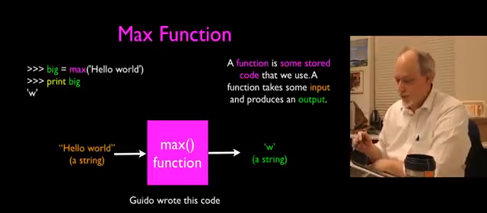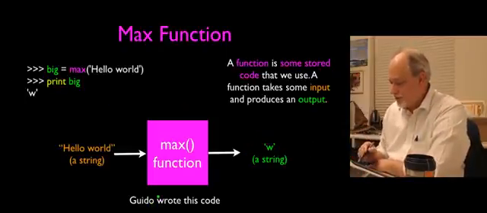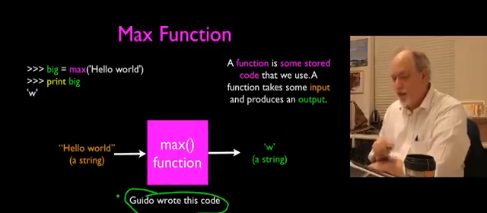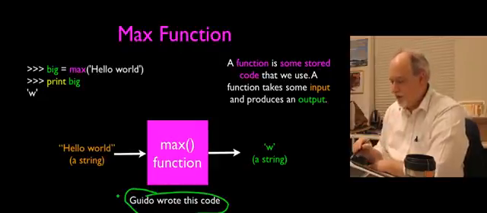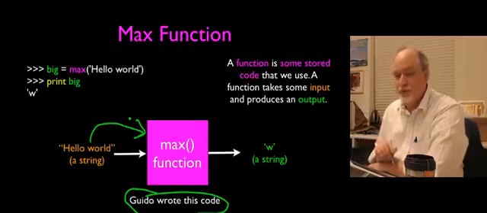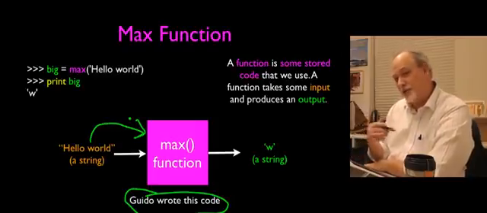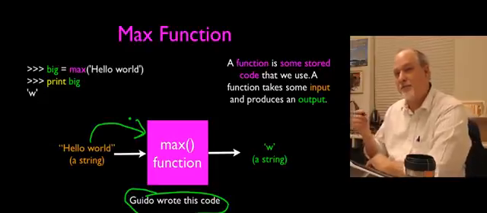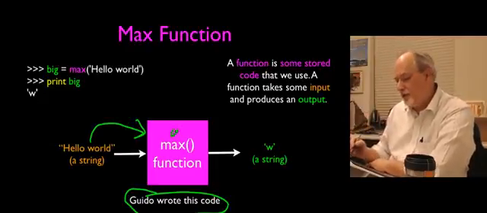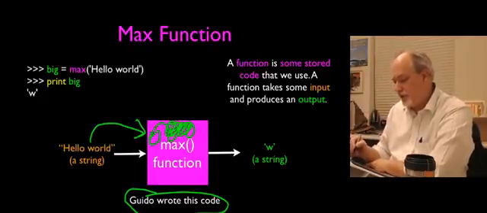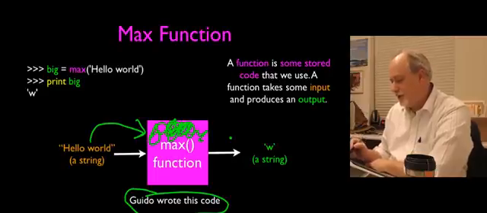Now if we look at this, there's some code somewhere. Somebody wrote some code. It's part of Python. You didn't write it. There's a max function somewhere, and you can think of a function as having some input. It's kind of like a program. That's why some languages call these things subprograms, because they have an input, they do some kind of useful work, whatever that useful work happens to be, and then they produce some kind of output.